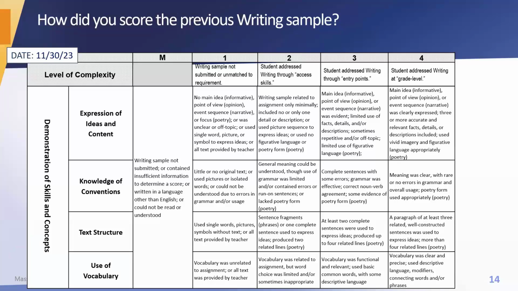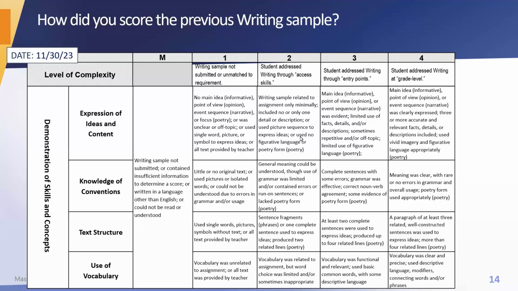What would you give it for the level of complexity? And Kevin has shared the poll with you. So the level of complexity after looking at that, is it 2 access skills or 3 entry points? So you can fill that out.